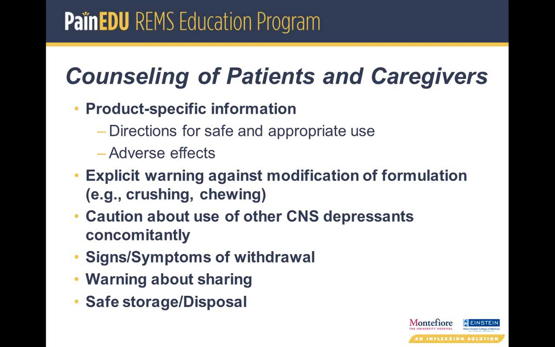Extreme caution about use of these medications with other CNS suppressants, particularly because these are sustained release formulations. What the signs and symptoms of withdrawal are, and warning patients about sharing these with other people.